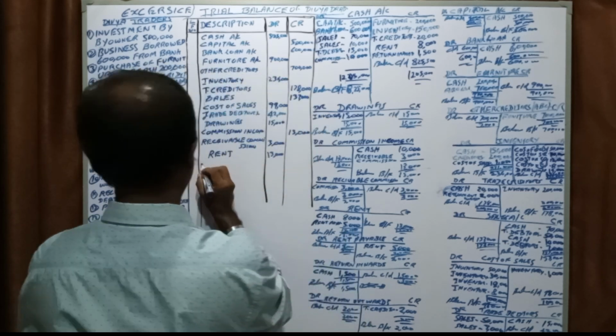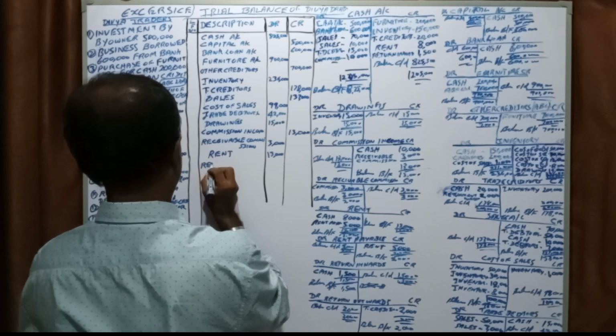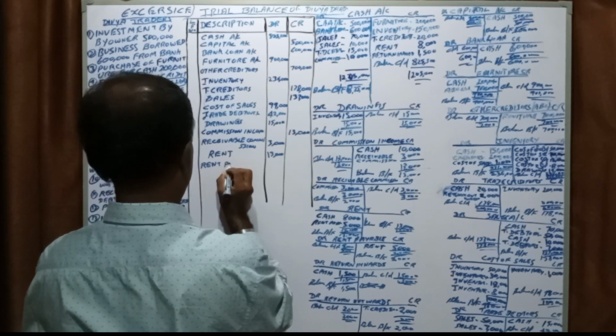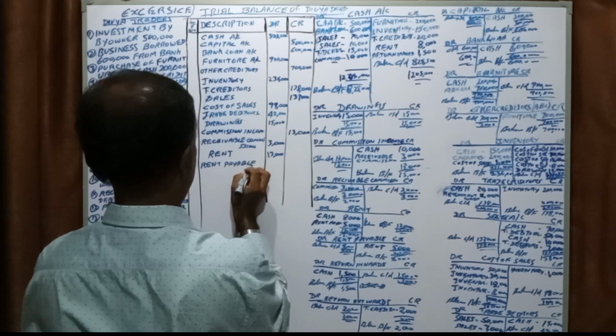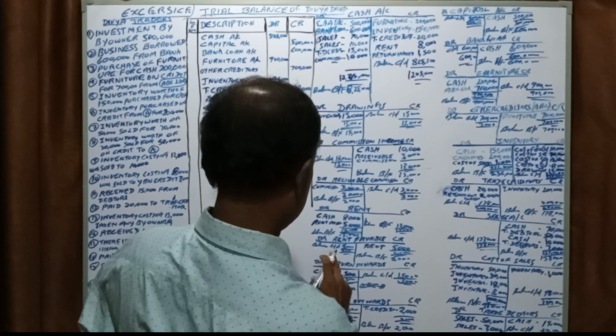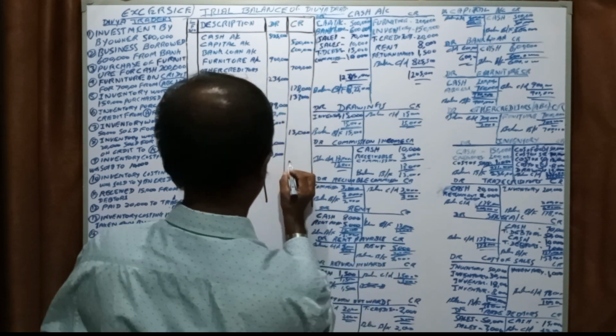Rent payable account, credit balance 5,000.